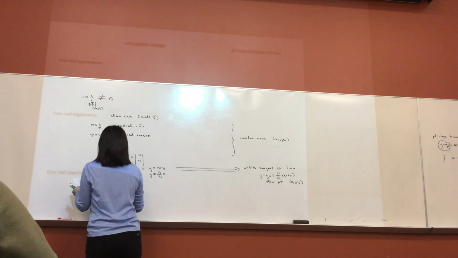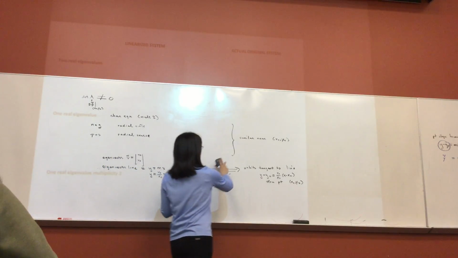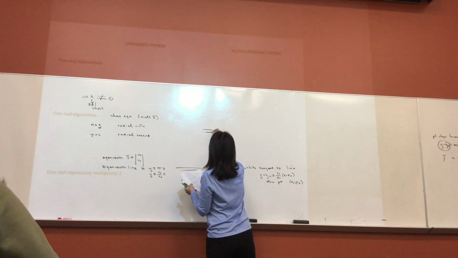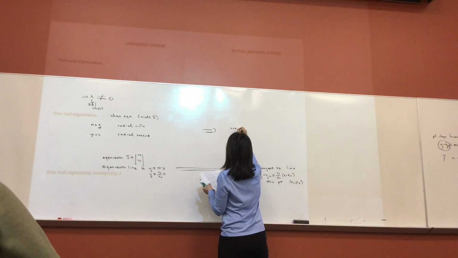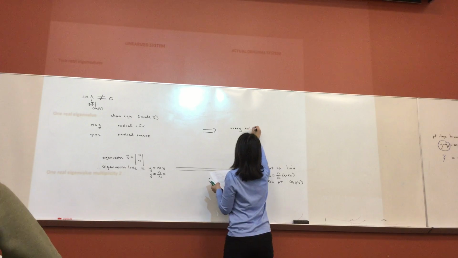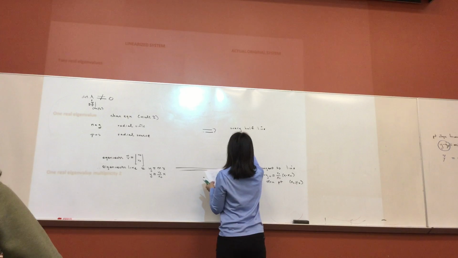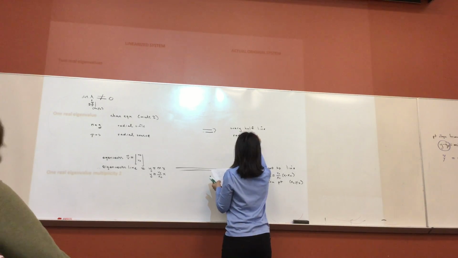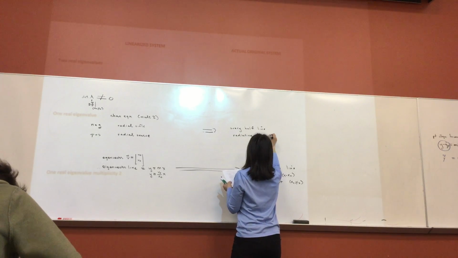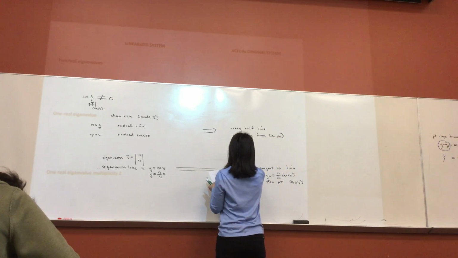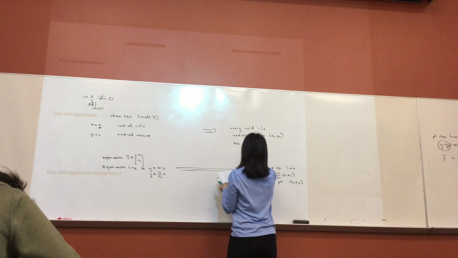What you have over here is every half line radiating from x naught, y naught has an orbit tangent to it.